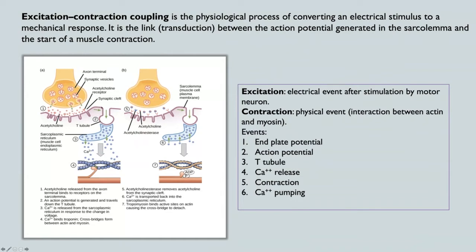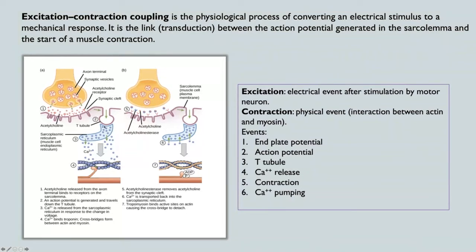The action potential will travel down and is going to activate other channels that are here that are physically linked to channels that are located in the sarcoplasmic reticulum, represented here in blue.